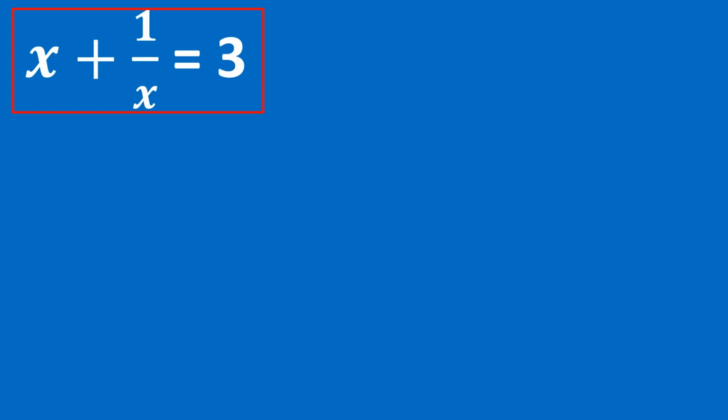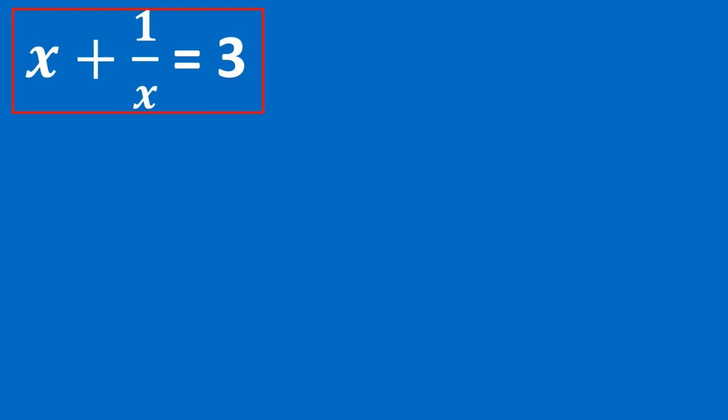So we have been given the algebraic expression x plus 1 over x equals 3. But what we will be doing is to get a generic form of other forms of algebraic expressions, and we'll be using this particular algebraic expression, x plus 1 over x, as a basis.